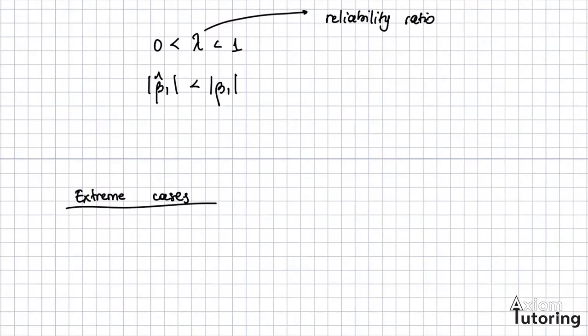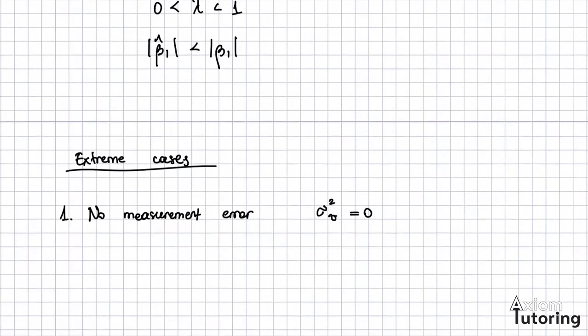The first one is when we actually have no measurement error. When you have no measurement error, or it can be very negligible, sigma square V is equal to 0. What that means is that the lambda in this particular case is going to be sigma square of the X star over sigma square of the X star.